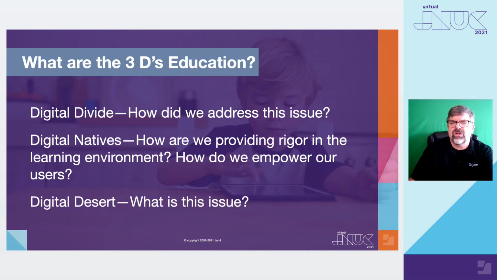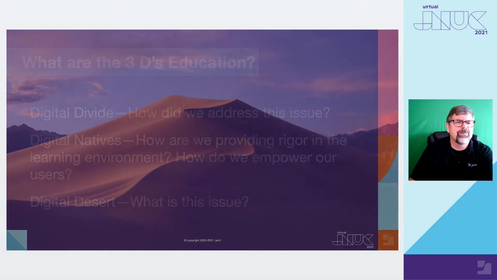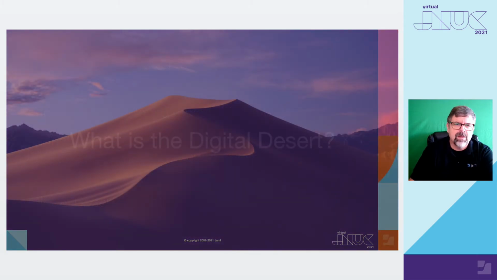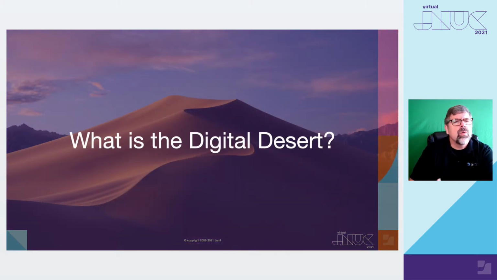And then there's a new term that's come into play in education, and that term is the digital desert. What is this issue? Why should we be concerned about it? What is the digital desert? Connected Nation in 2019 refers to areas where families, businesses, libraries, schools, and even entire communities that don't have access to high-speed broadband internet as digital deserts.